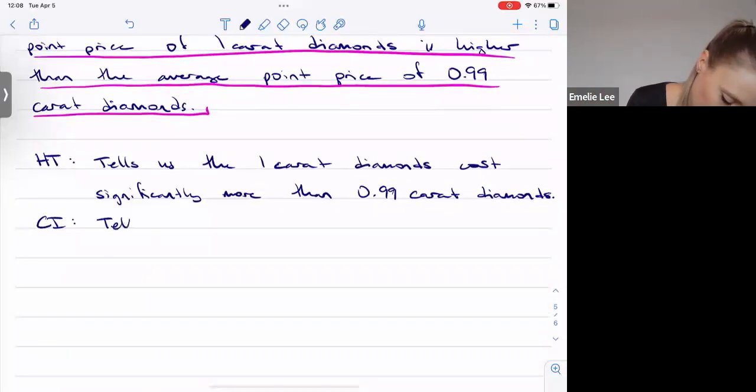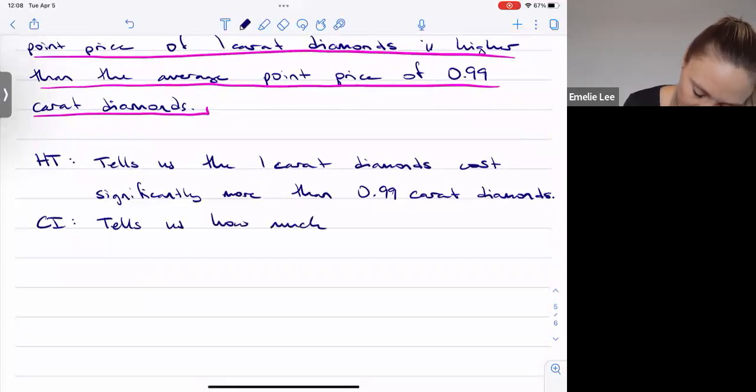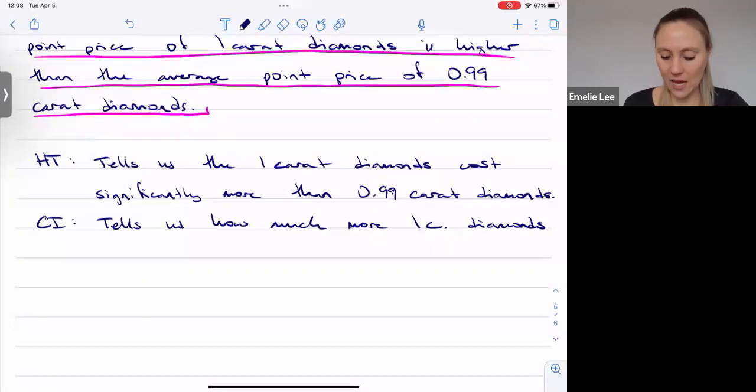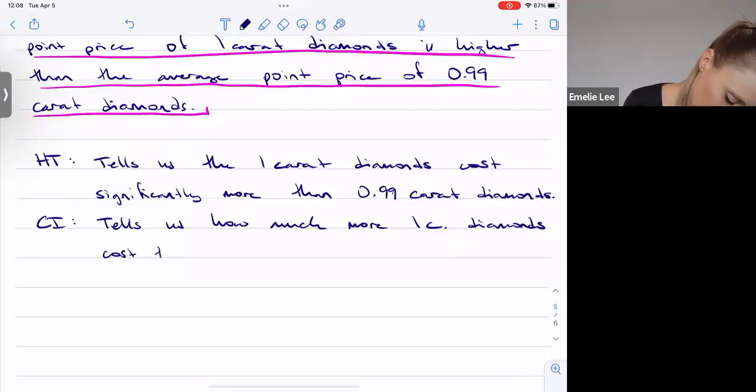So a confidence interval tells us how much more 1 carat diamonds cost, and I just wrote C because I got lazy, tells us how much more 1 carat diamonds cost than 0.99 carat diamonds.